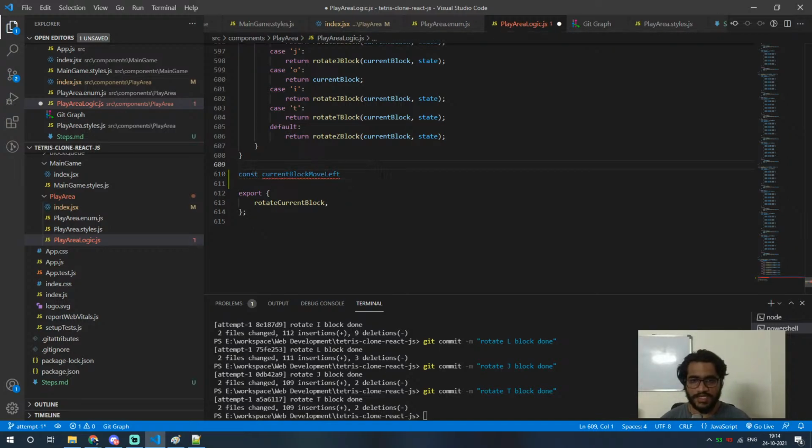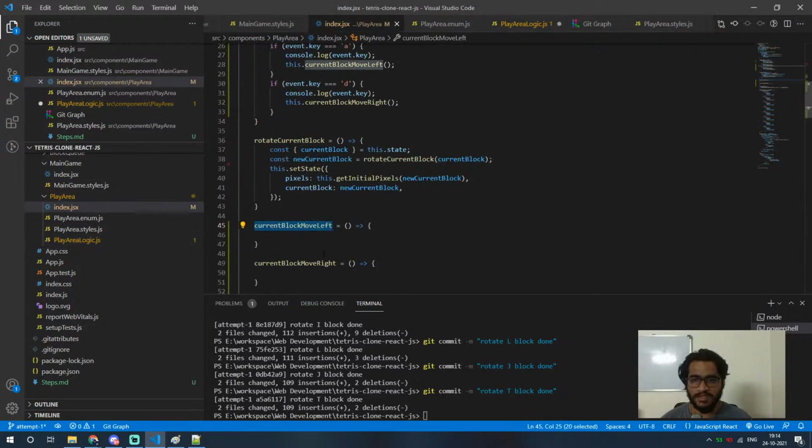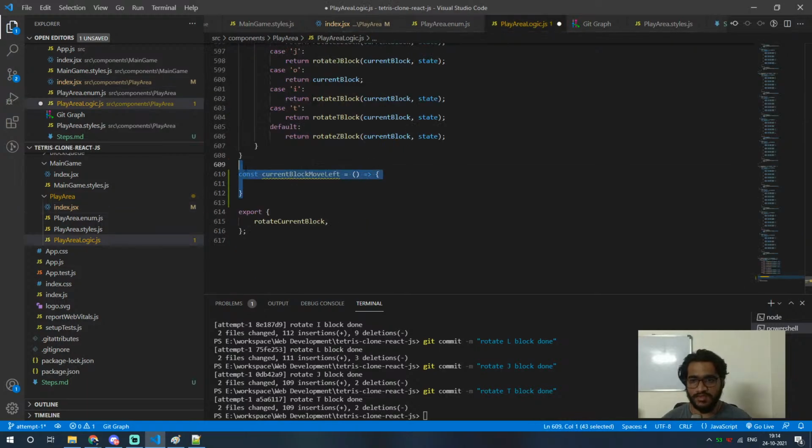Just like rotate current block, we have created current block move left and current block move right, which are right now just arrow functions.